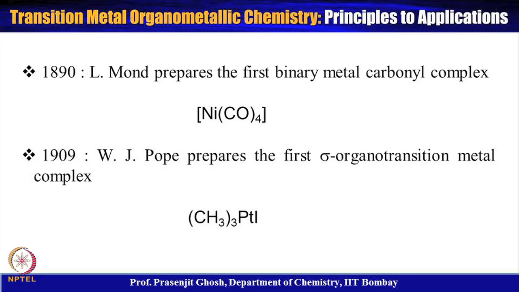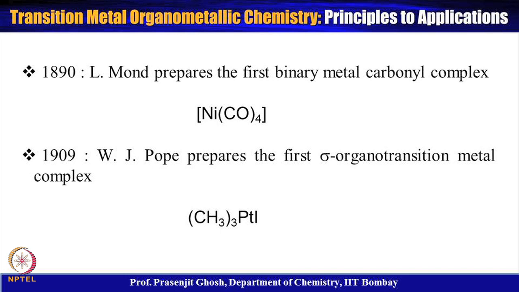In 1909, W. J. Pope prepared the first sigma transition metal complex in the form of trimethyl platinum iodide. See, one of the definitions of an organometallic compound is that it contains metal carbon bonds.